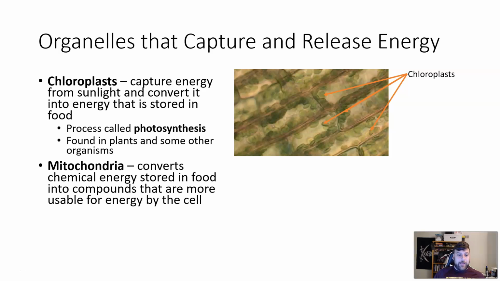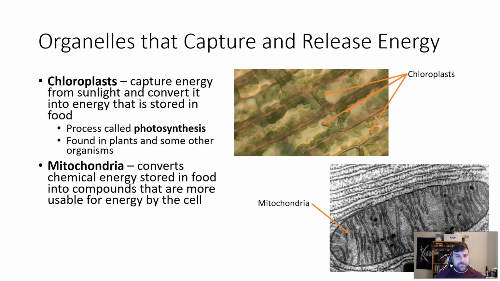The second organelle is what is called mitochondria. And I talked about this a little bit in class as well. Most people know this by the job that it's assigned. People call it the powerhouse of the cell because mitochondria will take food and break it down to get that chemical energy and turn it into something that is more usable for the cell.